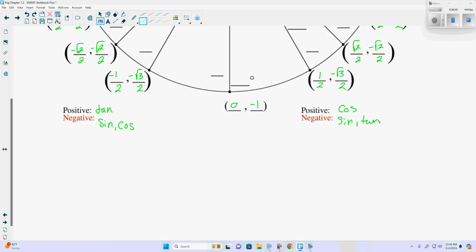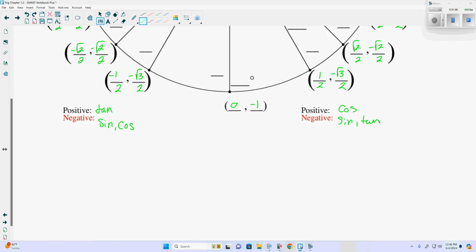Sine's negative, cosecant's negative. If cosine is positive, secant is also positive. If cosine is negative, our secant is also negative. Tangent and cotangent will have the same sign. If tangent's positive, cotangent's value at the same point would be positive. If tangent's negative, cotangent at that same point would be negative as well. They go hand in hand.